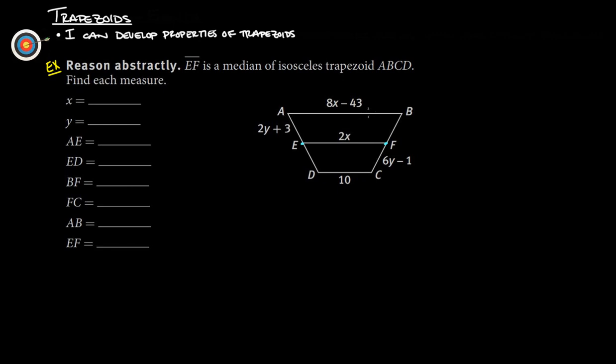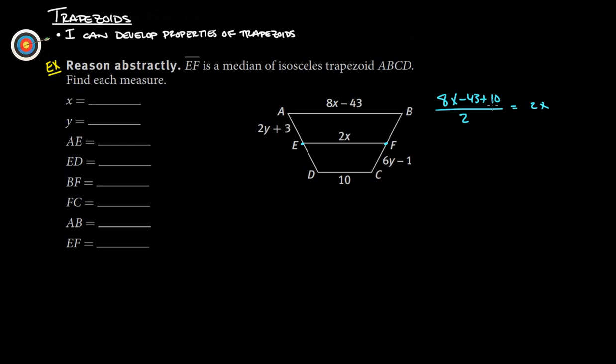So the median is the average of the two bases. So we know that 8x minus 43 plus 10, those are the two base sides, divided by 2, is going to equal our 2x, right?